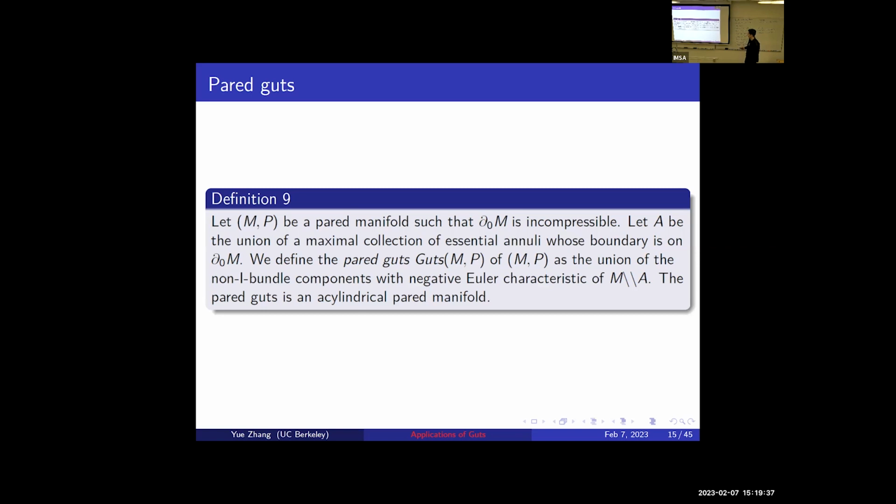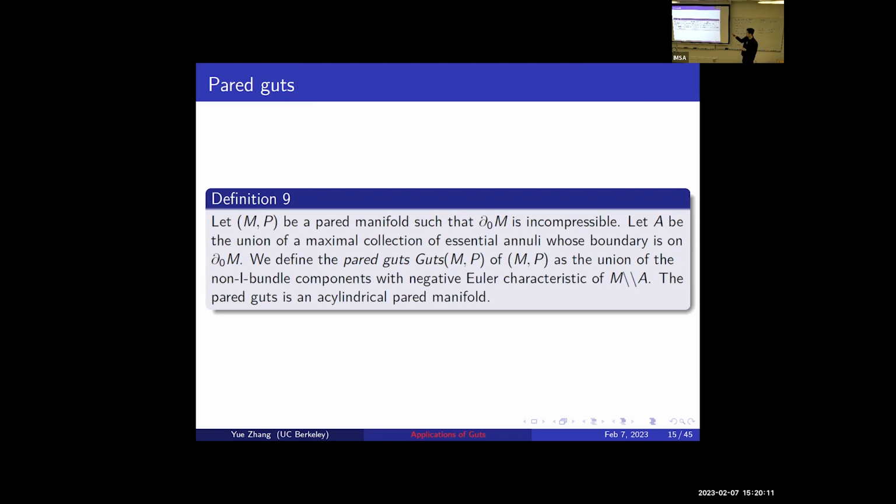So we can define the pared guts, right? Let's say you have a pared manifold, and you let A be the union of a maximal collection of essential annuli whose boundary is on the ∂0M. Here you notice the difference. When you define the suture guts, you require one side of the annulus boundary to sit on R plus and the other side to sit on R minus.